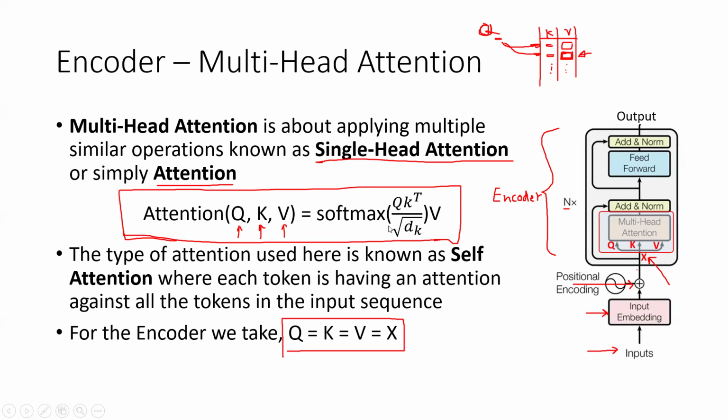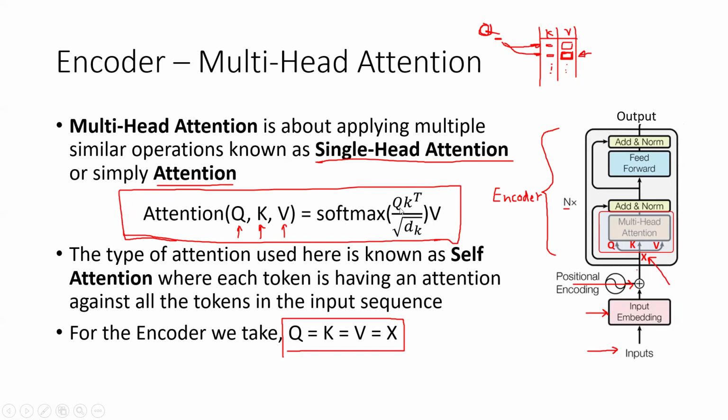So we are using softmax to find which key is the maximum, or which is the matching value, and then we multiply it with the V value.